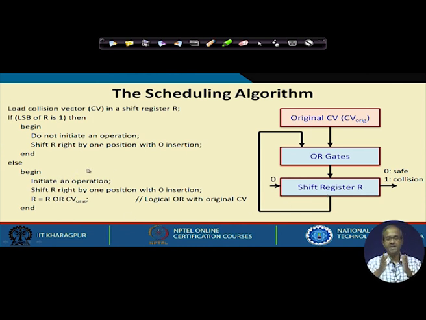If you think about it, what we are doing here is exactly the process by which we were computing the state diagram. At every step we shift by a number of bits which is allowed, that means 0. We go on shifting till the next 0 comes, then we OR it with the collision vector, and that will be my new step.